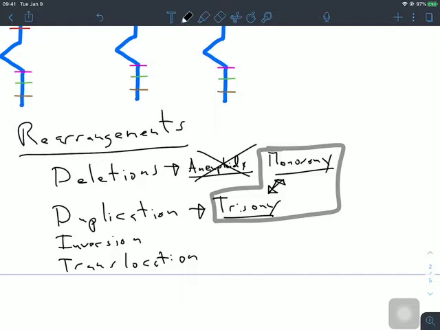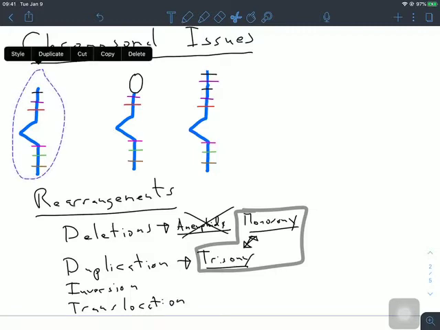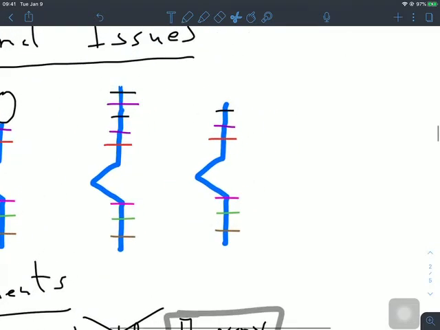And inversions do not result in aneuploidy at either the entire chromosome or the gene level. Inversions are instead where this chromosome will have a section of it reversed.